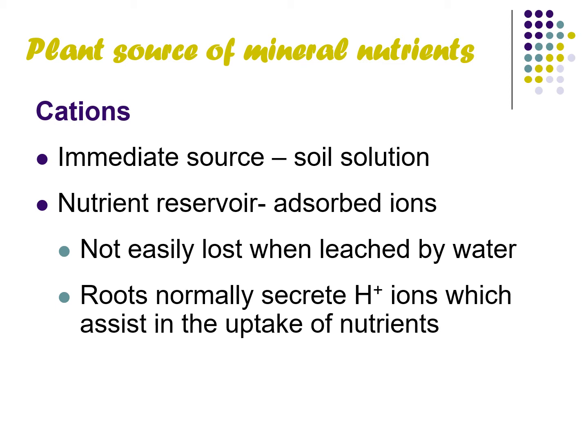Eventually, the reservoir is replenished by ions derived from the weathering of rock particles. In this way, ion exchange at the colloidal surface plays a major role in providing a controlled release of nutrients to the plant.